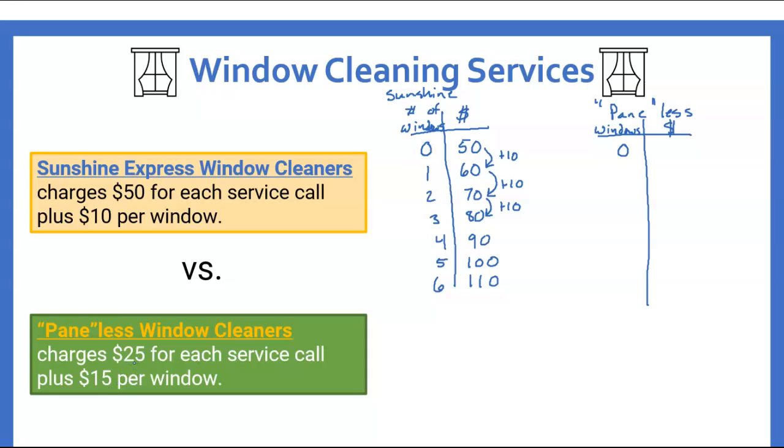Well, let's see, it's $25 for a service call, and then 0 on top of that, so just $25. So then, when we have 1 window, we're going to add $15 on. 25 plus 15 is going to be 40, so we added 15. For 2 windows, we're going to add 15 again. We'll get 55.